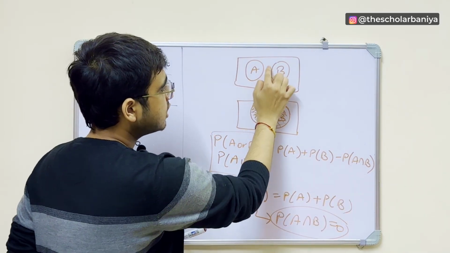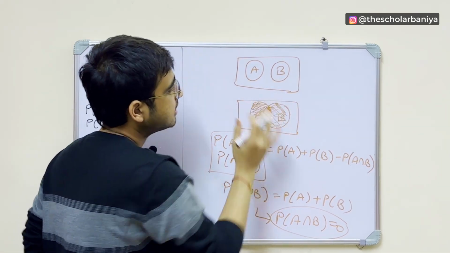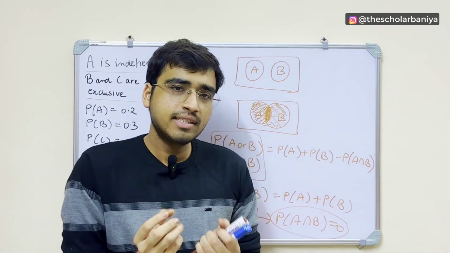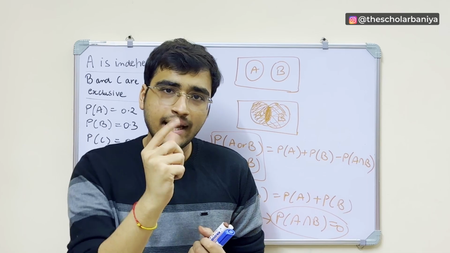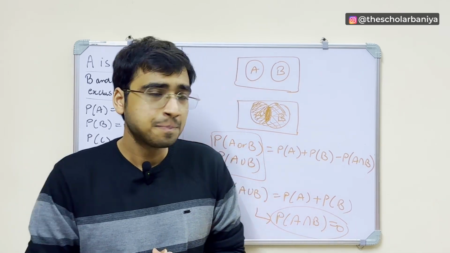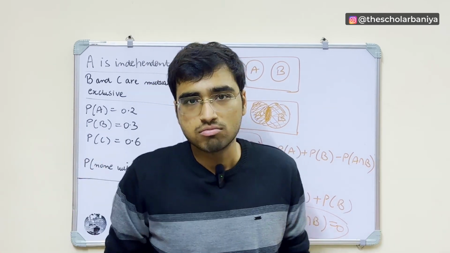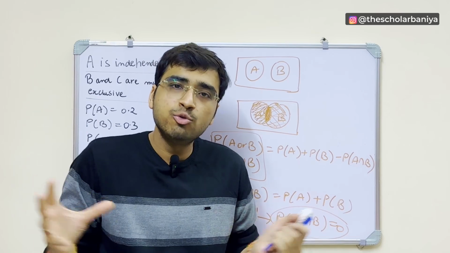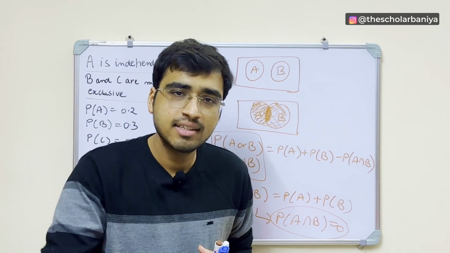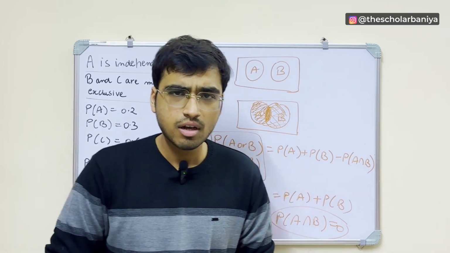Because in this case there is no intersection part, whereas earlier there was. So if I give an example, for example, we roll a die, we can get 1 or 2 or 3 or 4 or 5 or 6, right? But if we get 1, then obviously we cannot get 2 at the same time, right? So those are mutually exclusive events, basically. If one event is happening, then obviously the second event cannot happen, right?